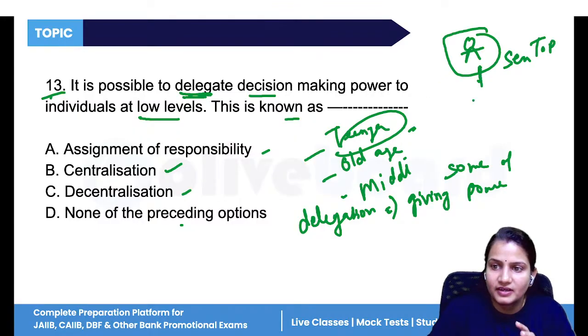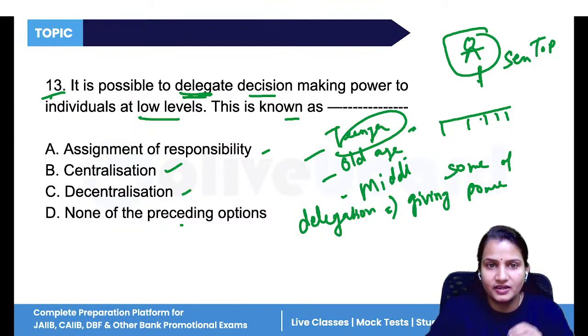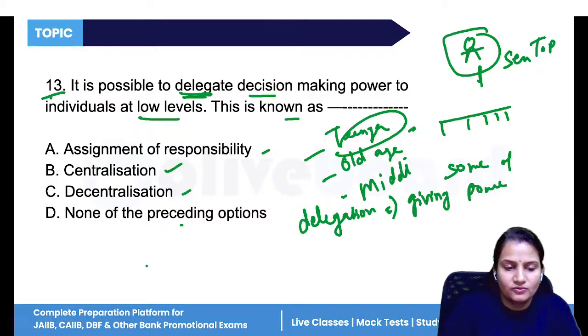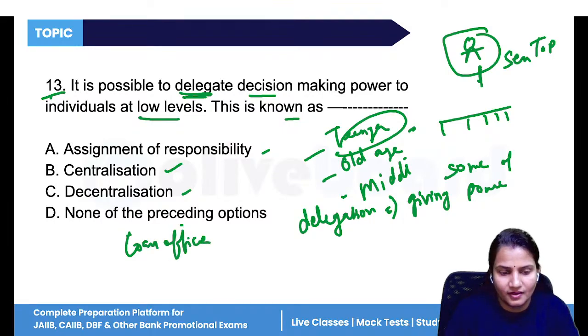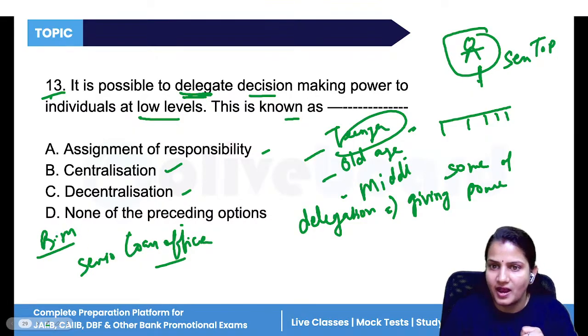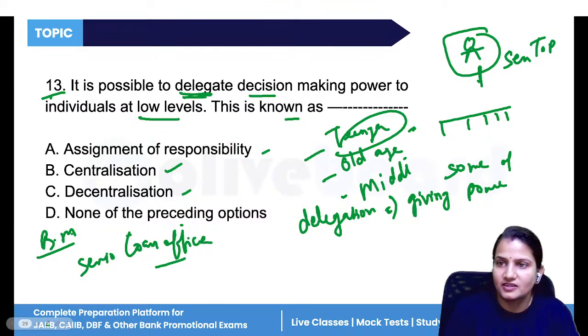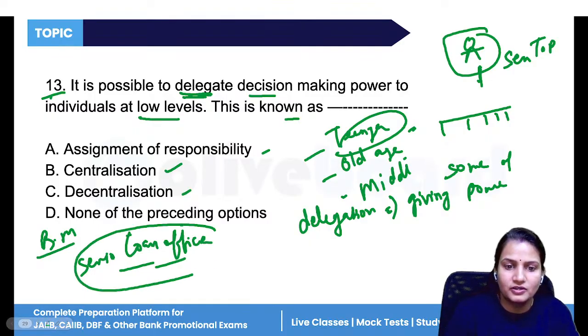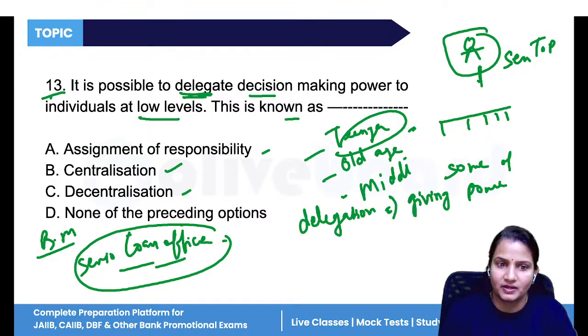Now, if the top manager is distributing power to some specialized person, let's take an example, you are a loan officer, a senior loan officer. If the branch manager is not present in your bank for a few days, the branch manager has told you, see, these are the works pending, I want you to get all the work done by the rest of the people. So here the branch manager is giving you some power for a few days.